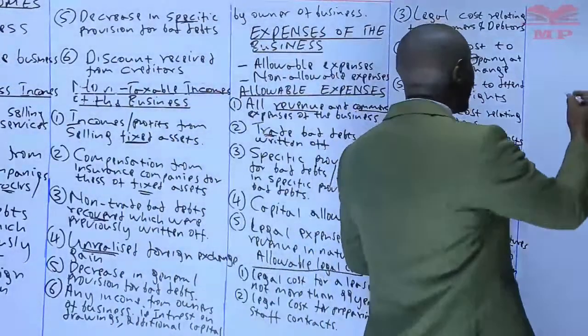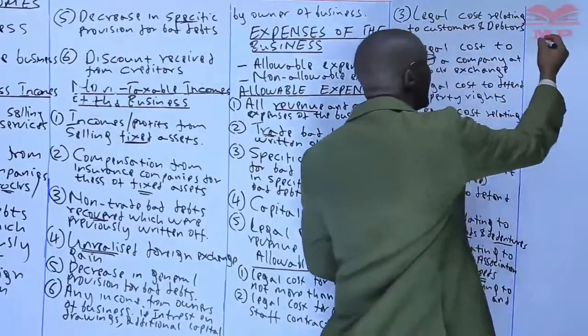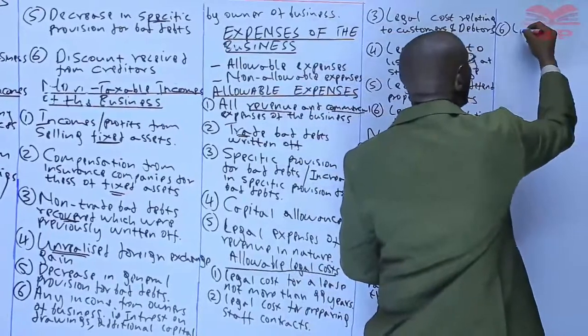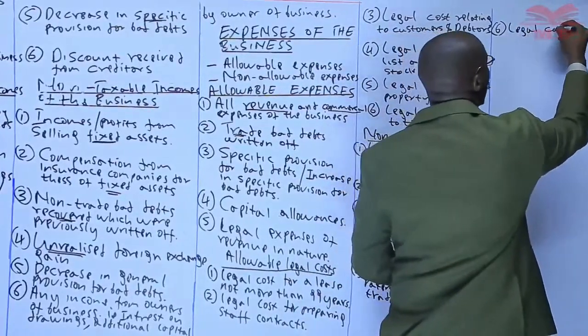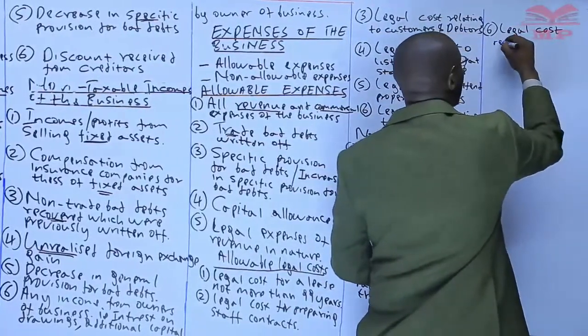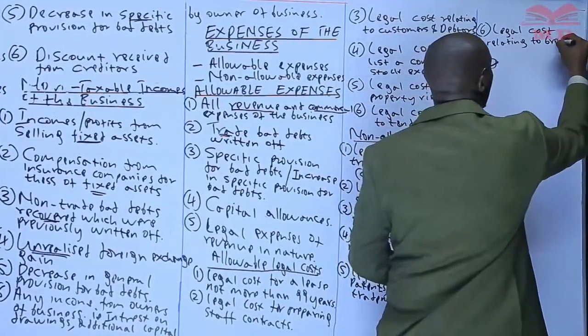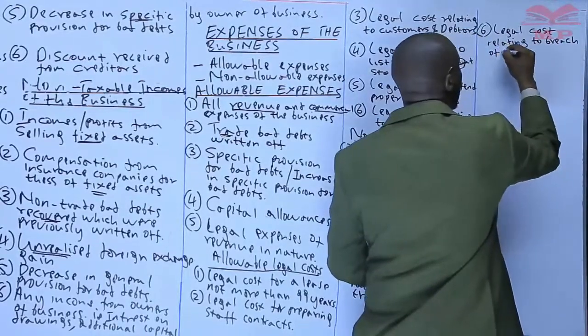Another non-allowable expense, legal costs, number 6, is the legal costs relating to breach of contract.